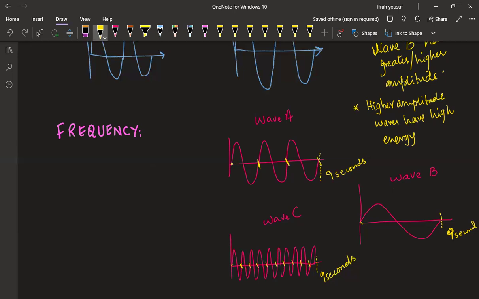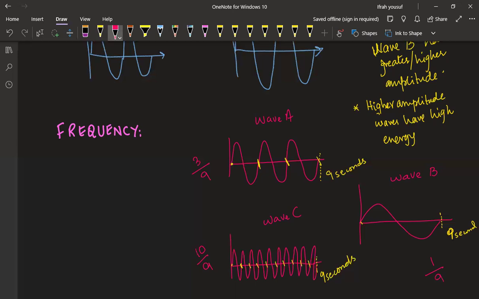Let me complete this wave as well, so you can say 10 waves are completed in 9 seconds. Over here, 3 waves are completed in 9 seconds. Over here, 1 wave is completed in 9 seconds.